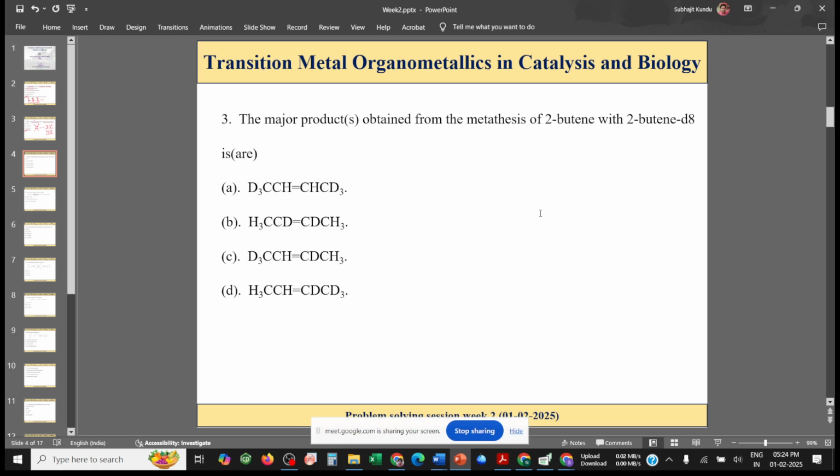So here we'll know that this question is mainly a question from the mechanism part.